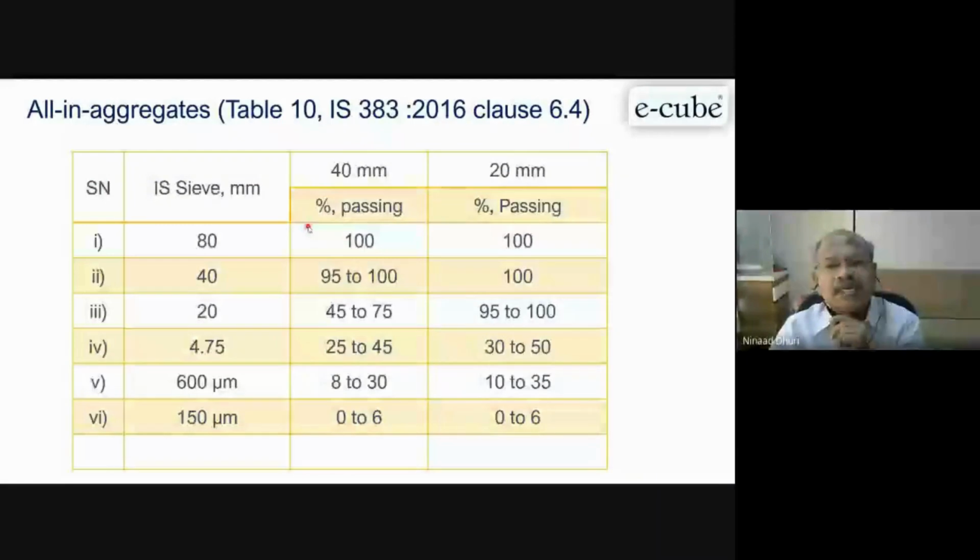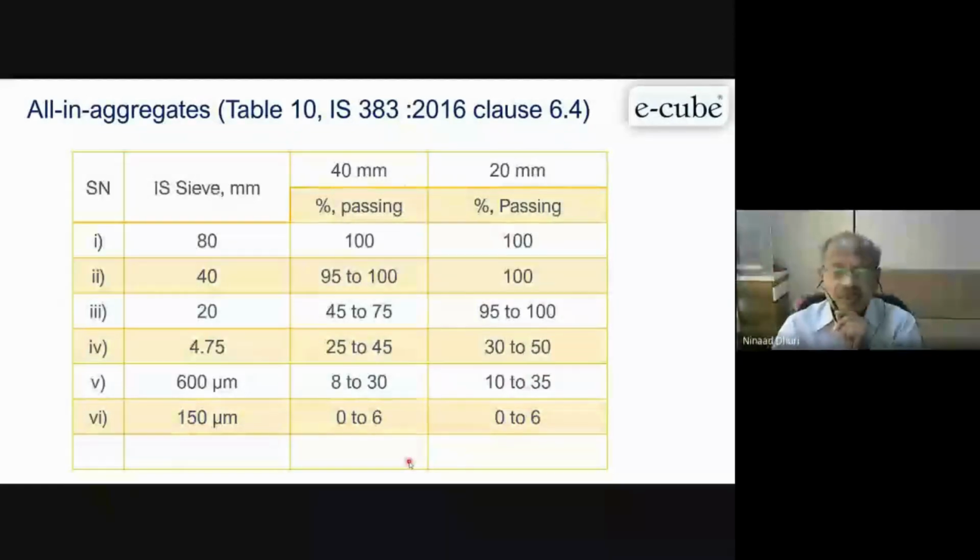This is the grading limit given for the aggregate which is available in nature in mixed form. That's why they call it all-in aggregate. If you go to the river beds, or you go to northern India, most of the river beds have a lot of aggregates, means gravels.